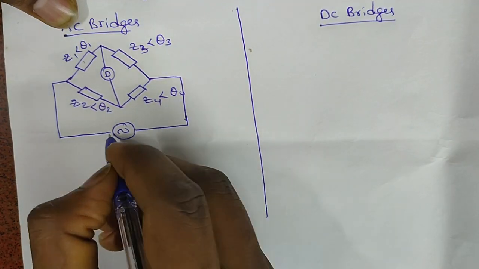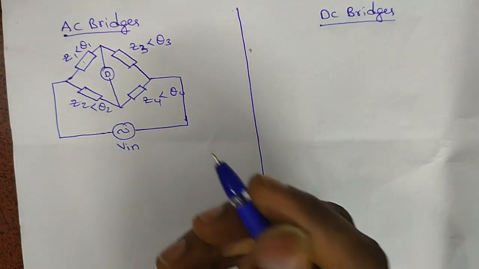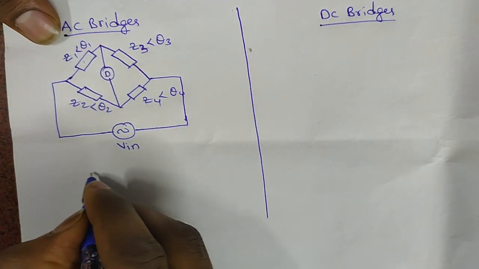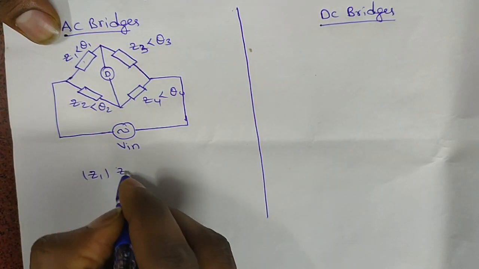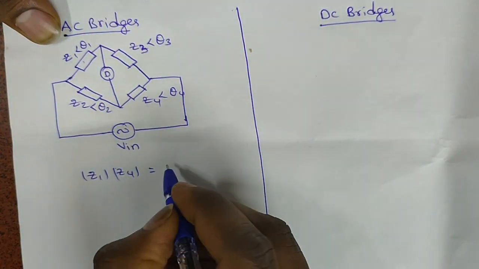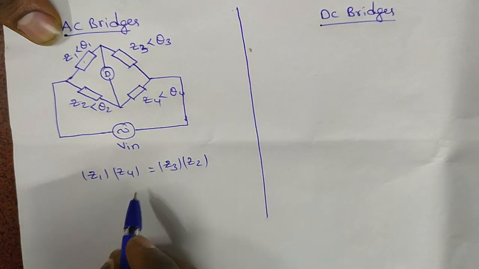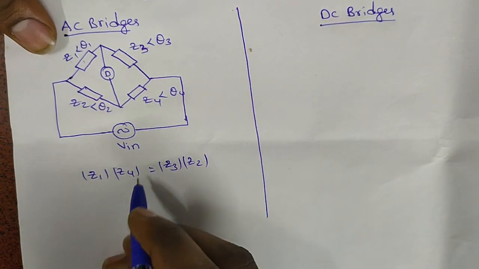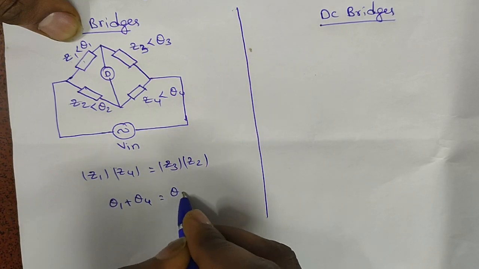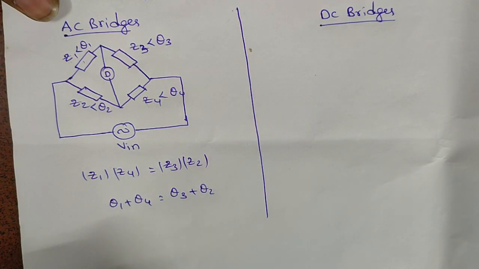An input AC voltage Vin is applied. For this, the bridge balancing condition will be, first we write the magnitudes: Z1 into Z4 is equal to Z3 into Z2. This is the magnitude condition, and for phase, theta 1 plus theta 4 is equal to theta 3 plus theta 2. This is the phase angle balancing condition.